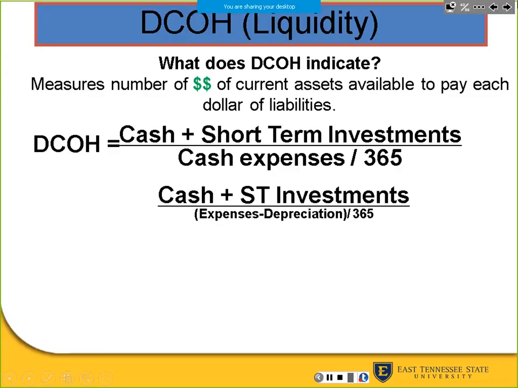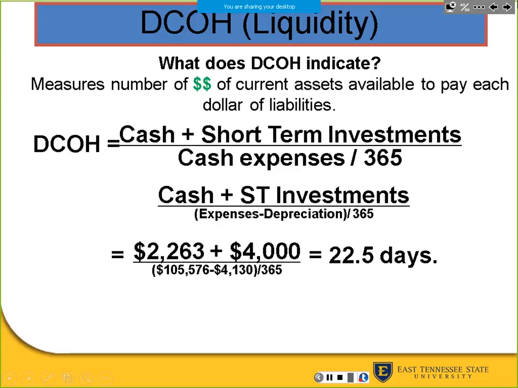Cash expenses is going to be your expenses minus your depreciation. So it's going to look something similar to this: 2,263 plus 4,000, our cash plus our short-term investments, divided by whatever our expenses are. So what were our expenses? 105,576 off the income statement, minus what level of depreciation we have figured in there already.